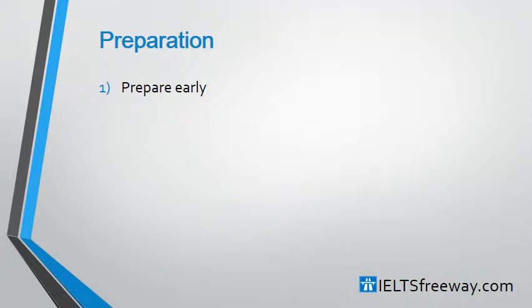So you really need to allow yourself enough time, especially if you've got other important exams to do in the near future, like A-levels, or if you have deadlines for application to universities or for visas for other countries. So plan ahead and prepare early. This also gives you a chance to improve your English to the desired level.